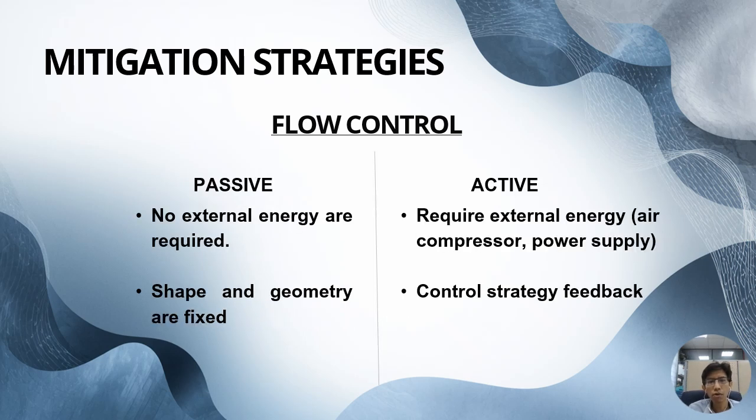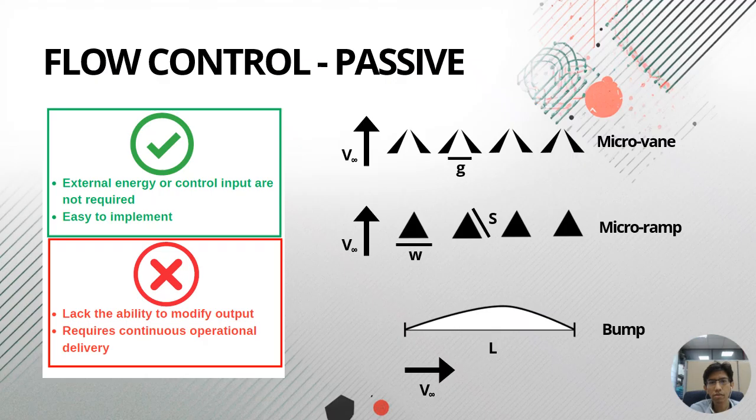There are two types of flow control. The first type is passive flow control, which requires no external energy, and the shape and geometry are fixed on top of the aerodynamic model. The second is active flow control, which requires external energy such as air and electric power, and the control can be adjusted and also monitored. Some examples of passive flow control are microvane, a motor ramp, and bump type that are attached on the aerodynamic model.